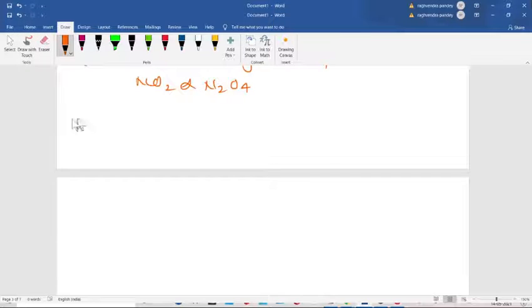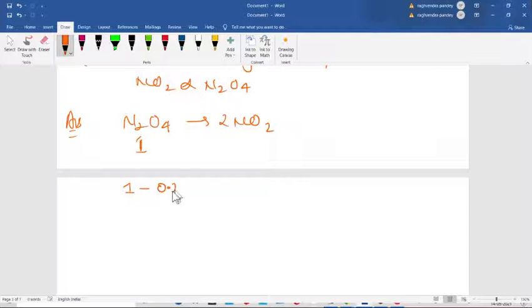See, N2O4 dissociates into 2NO2. So there is 1 mole of it. Out of 1, how many are dissociating? 25%.